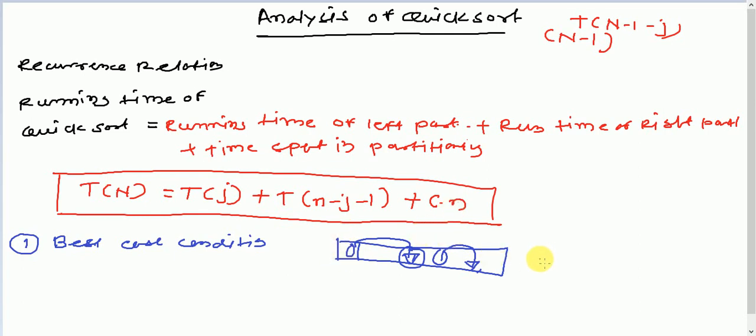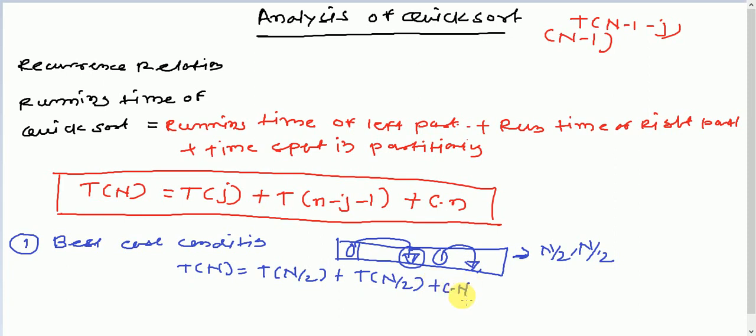So at that time, every time this array is getting divided into two equal parts, right? One part is of n by 2 and the right part is of n by 2. So for the best case condition, we are writing the equation as t of n is equal to, j will now be n by 2, so t of n by 2 plus t of n minus j, which will be n by 2, so that is t of n by 2 plus c into n.